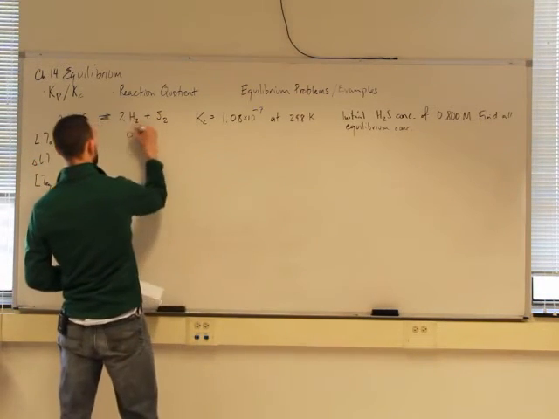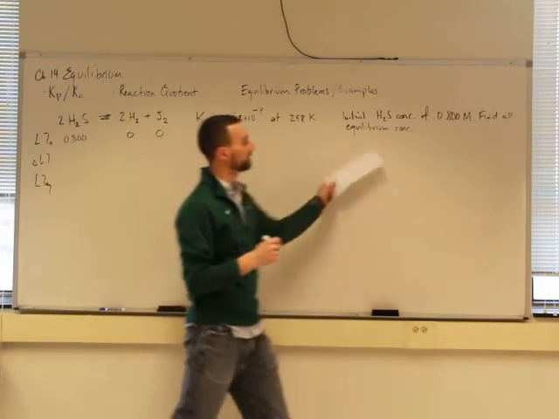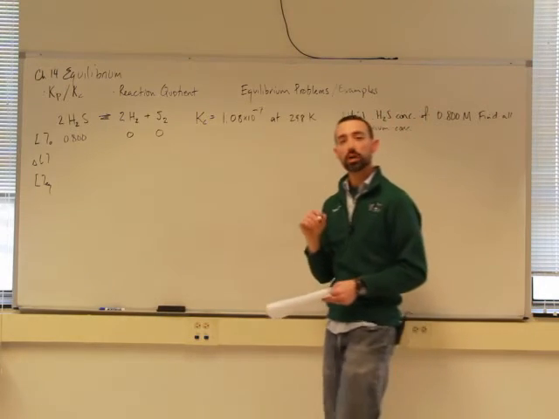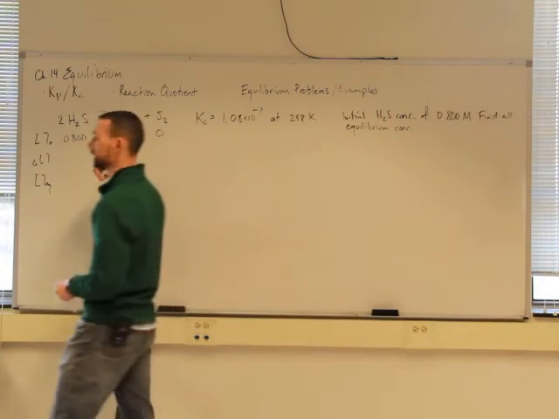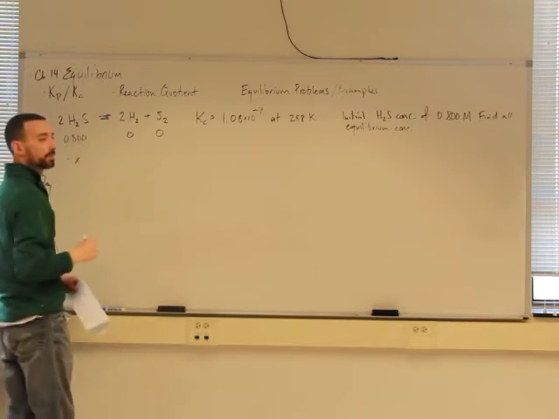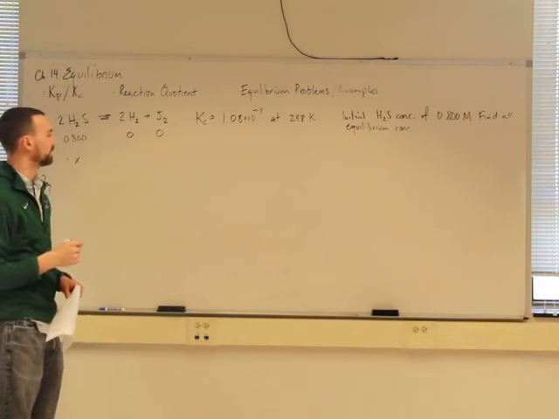And then we have none of these, it's safe to assume, because they're not mentioned at all. Now once again, some amount of the H2S will react, just like in the last reaction where some amount of the N2O5 reacted.